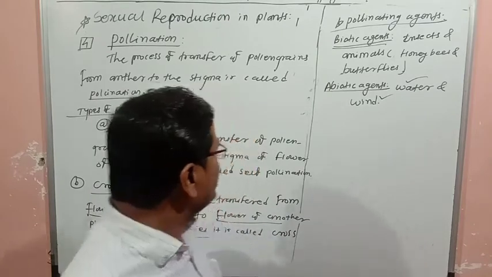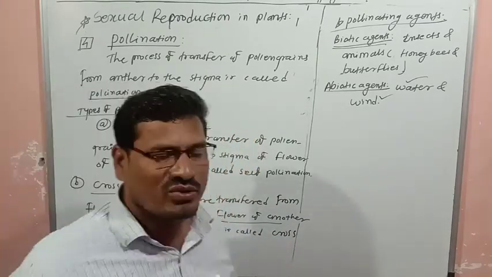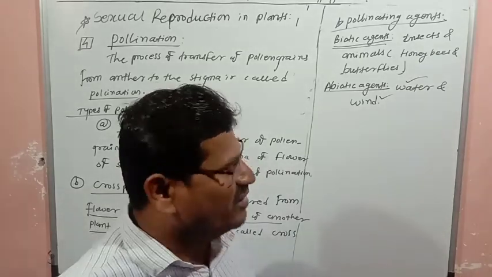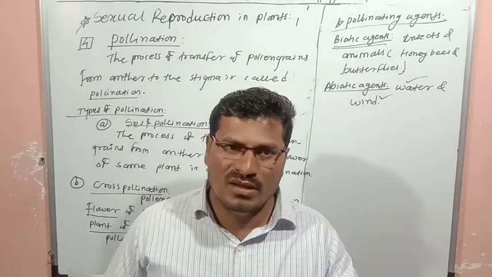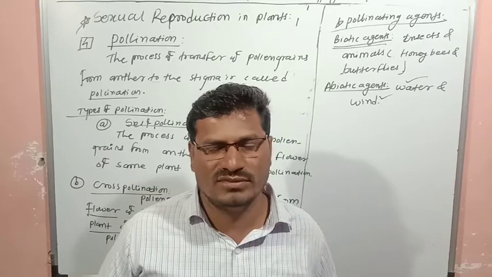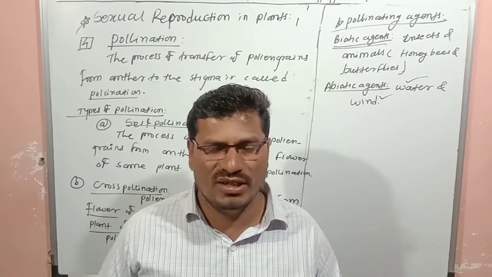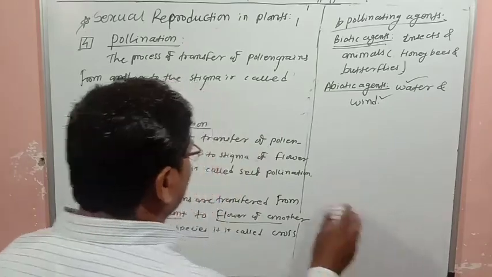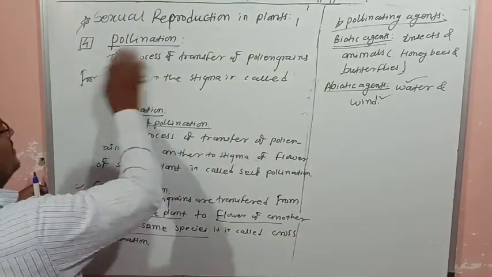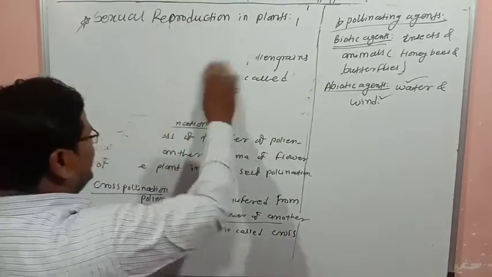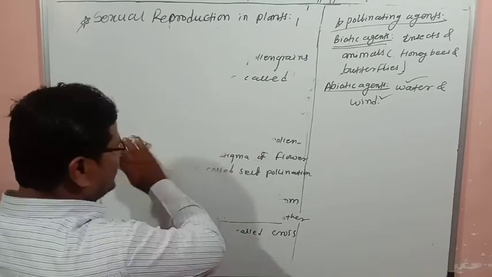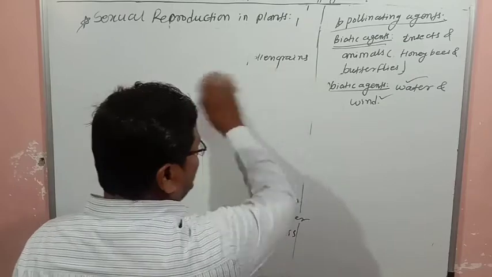After this, the next point we are going to study, the fifth point, is fertilization. So what is meant by fertilization in the flower? What type of fertilization will take place in the flower? Double fertilization.